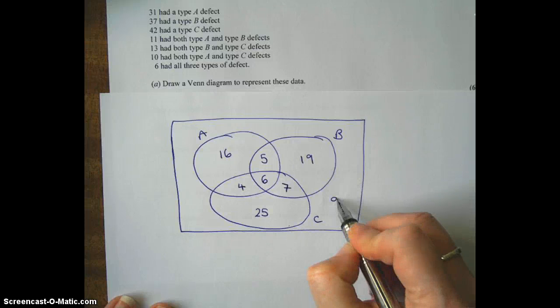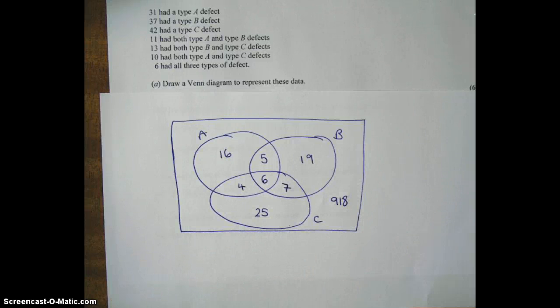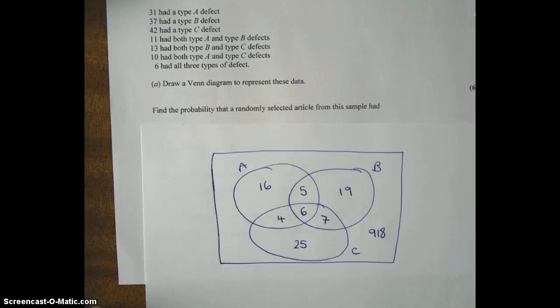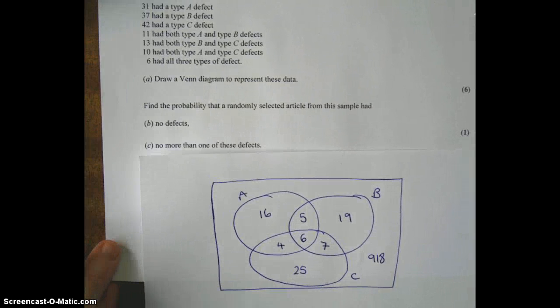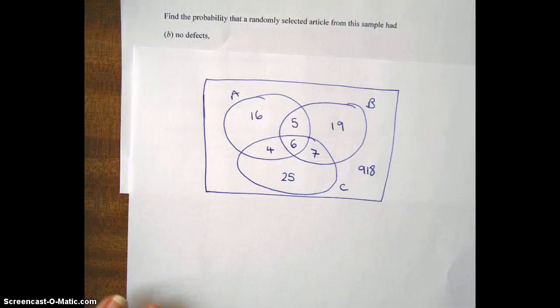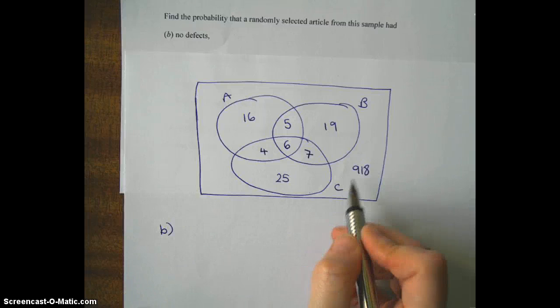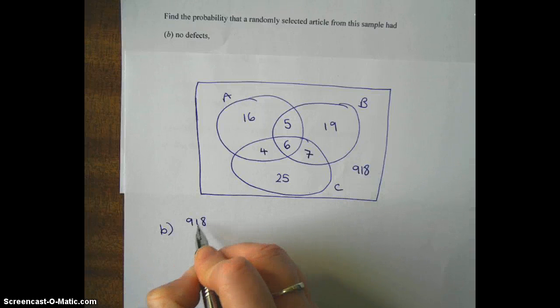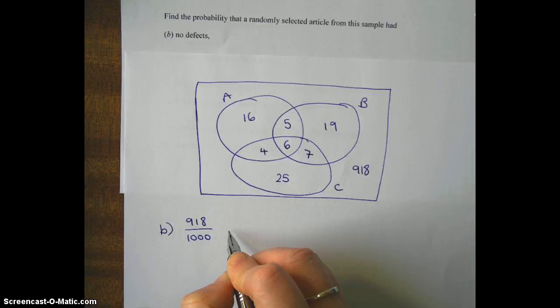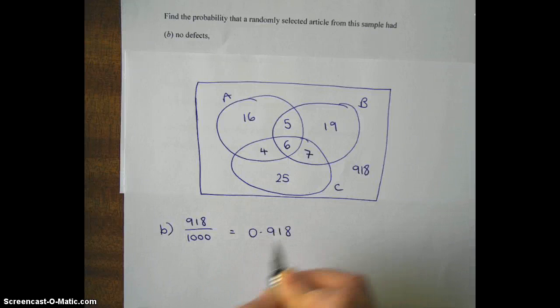So that makes the outside 918. Part B, find the probability that a randomly selected article from this sample had no defects. We can look at our diagram, it's 918 out of 1,000, or 0.918.